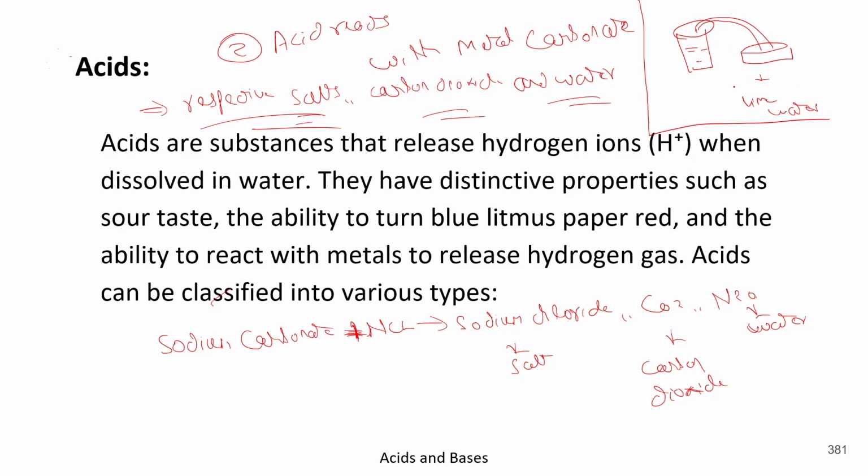When the experiment takes place, you will notice that the lime water is turning milky. When that happens, note that carbon dioxide is being released. So you can check the release of carbon dioxide if the lime water starts turning milky. This is the second reaction we had to discuss. Got it?